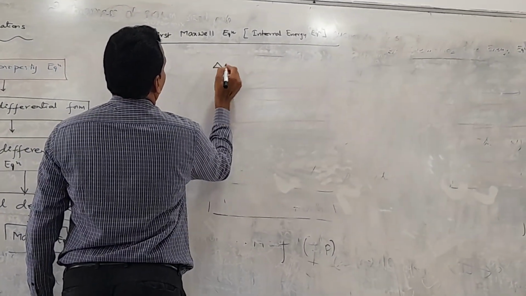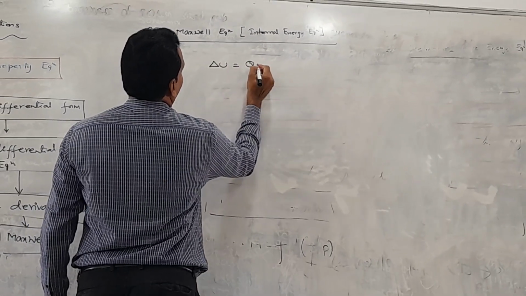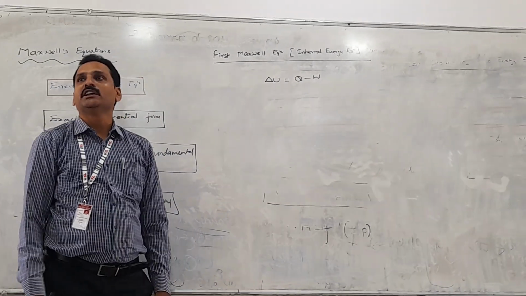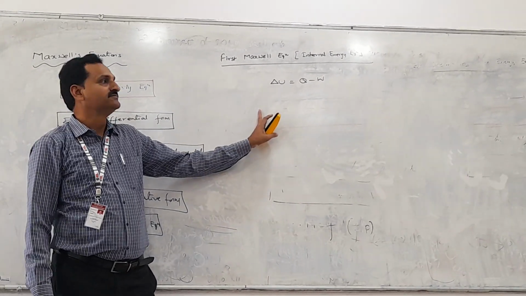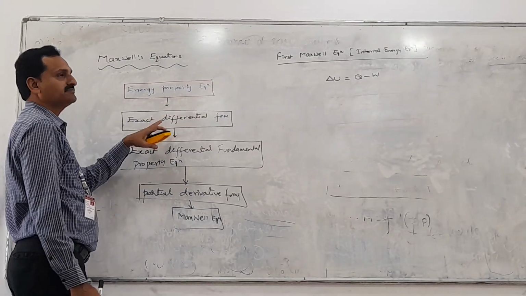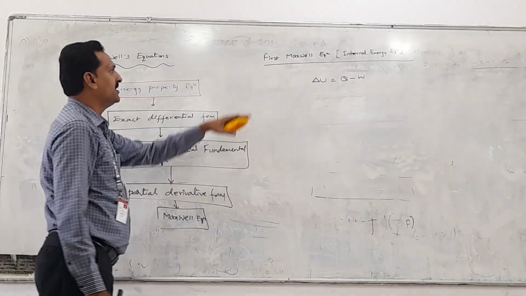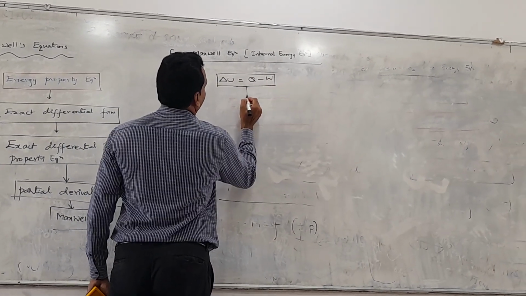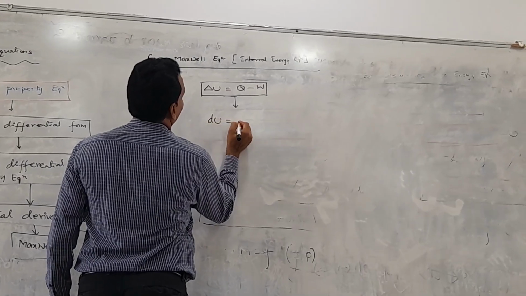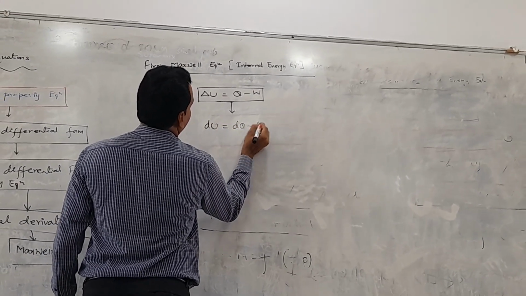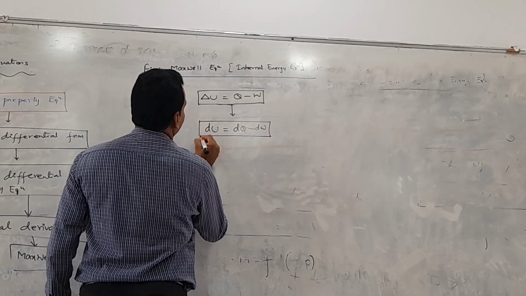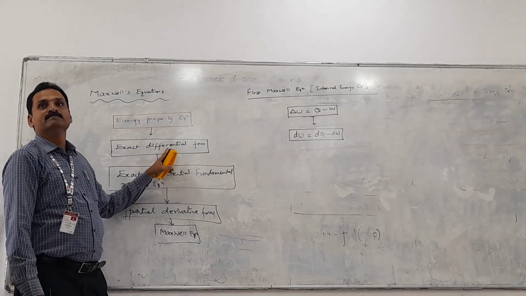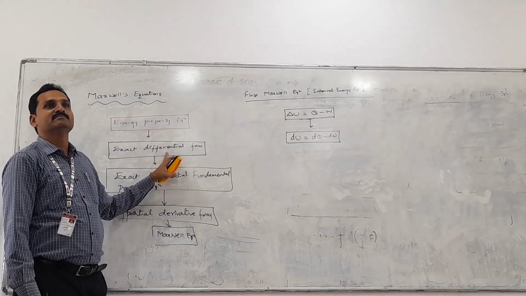Delta U is equal to Q minus W. First step is completed. What is the differential form of this equation? dU is equal to dQ minus dW. Second step is also completed.